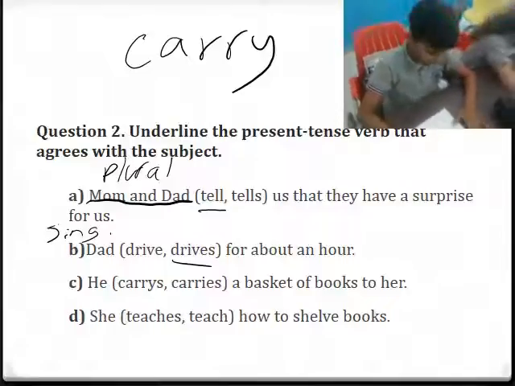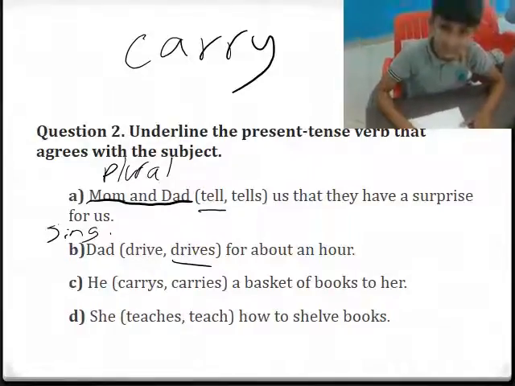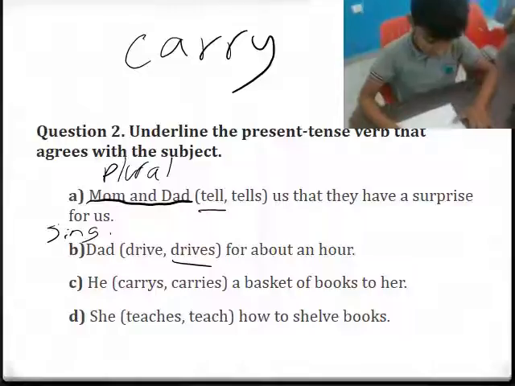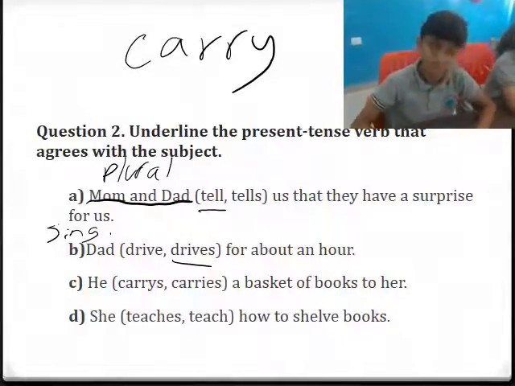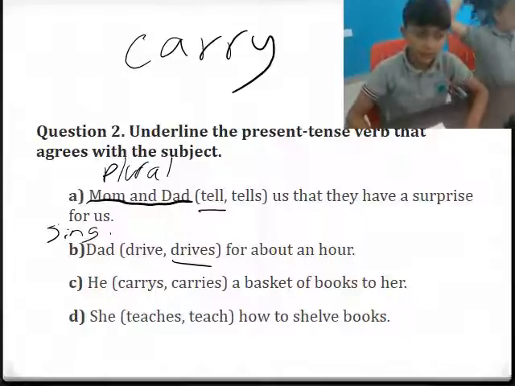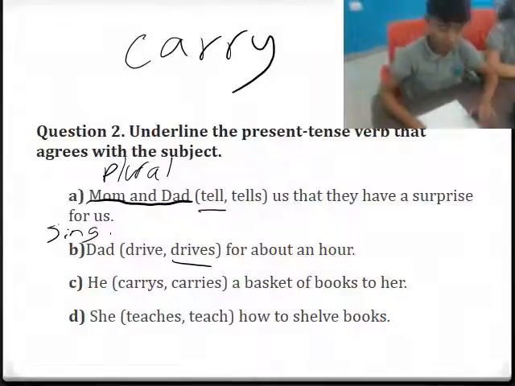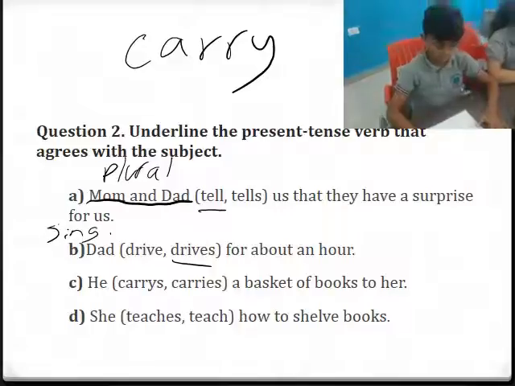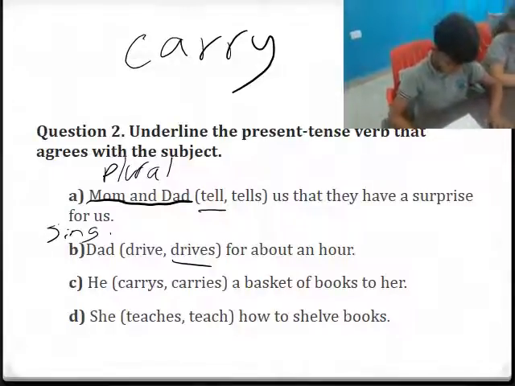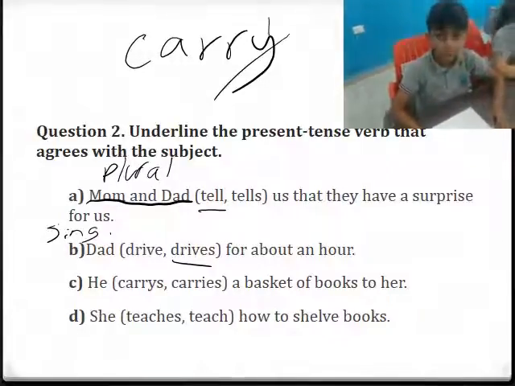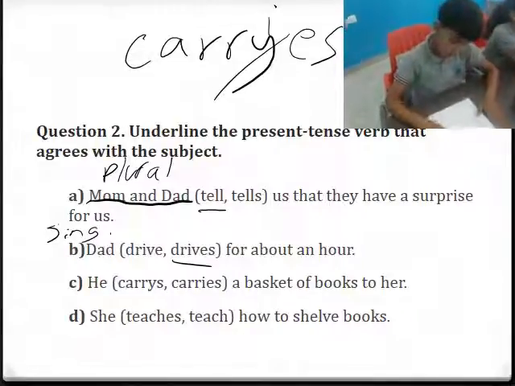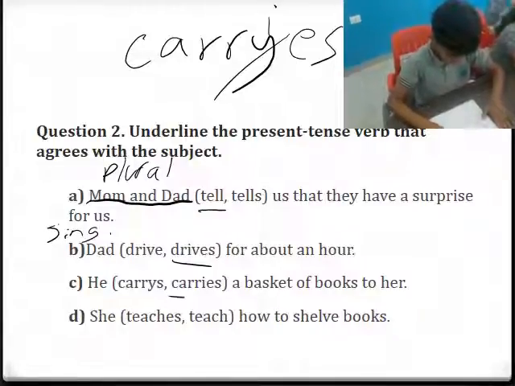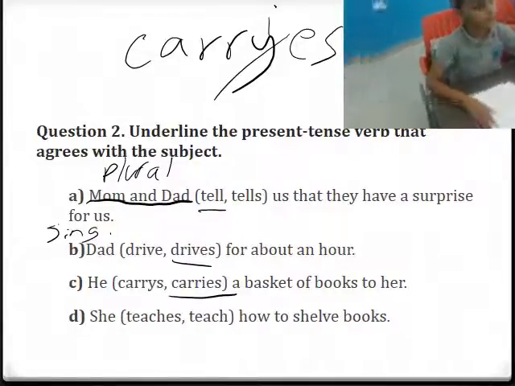Now, carry ends with Y. So, what's before the Y? Is it a vowel or a consonant? It's a consonant. So, when before the Y we have a consonant, we cross out the Y, replace it with I and add ES. Okay? So the correct spelling is carries. Okay? The last one.